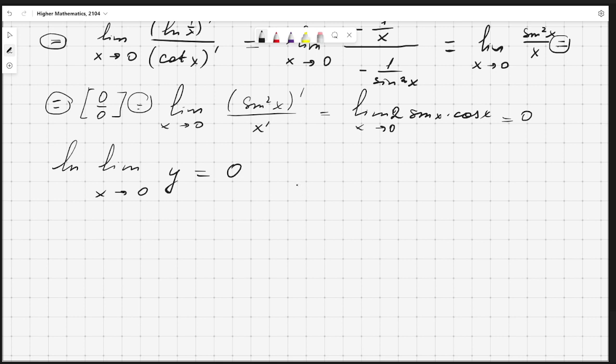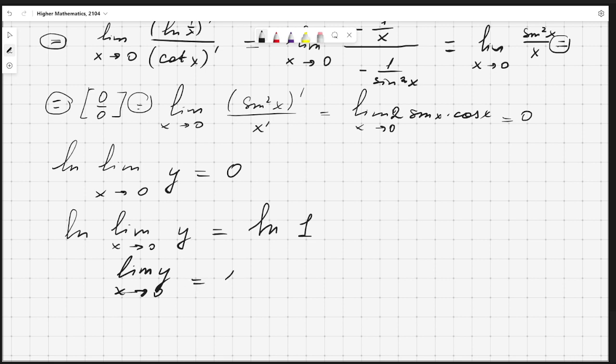Zero is natural logarithm of 1. It means limit y equals 1.